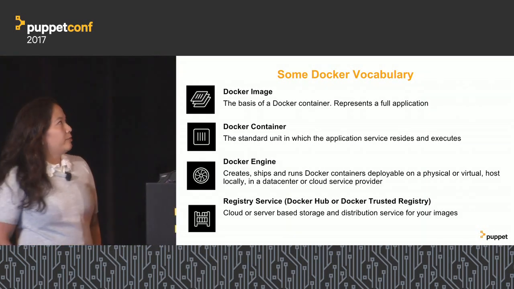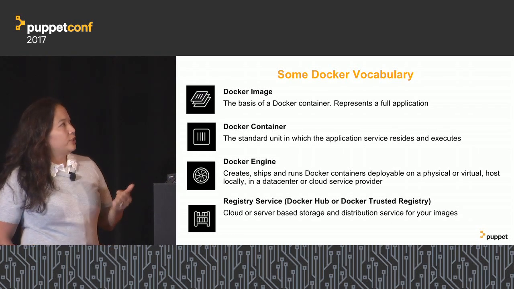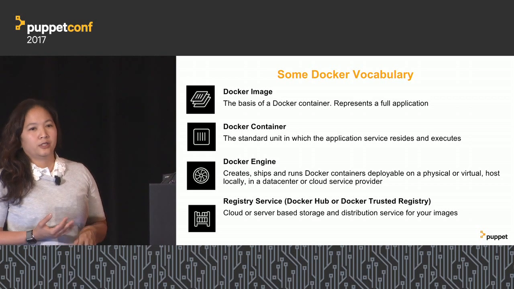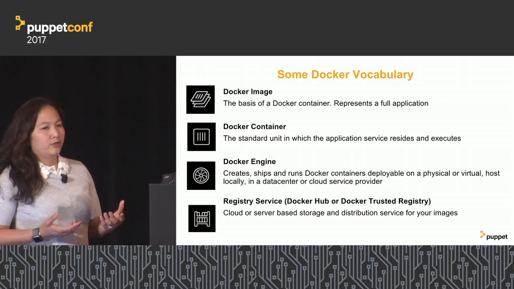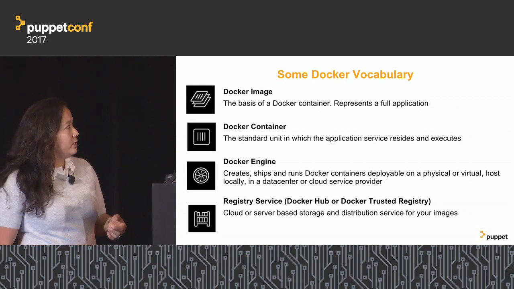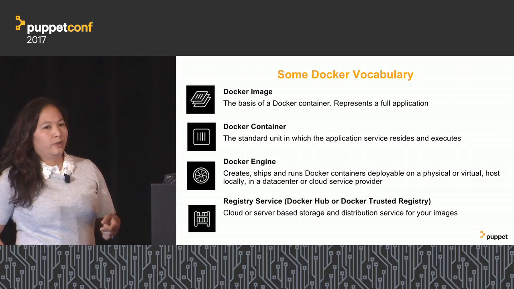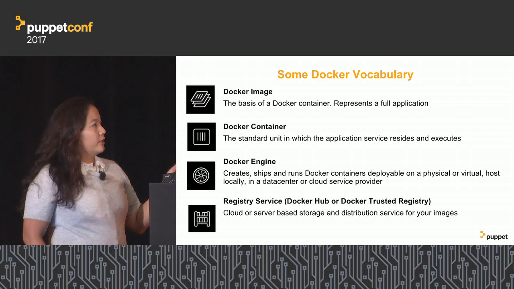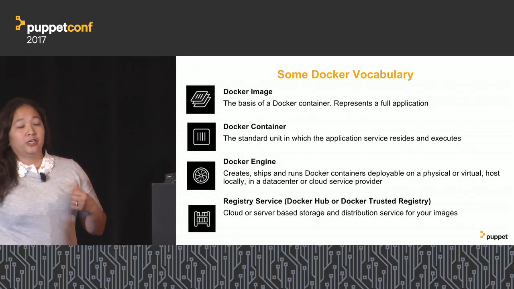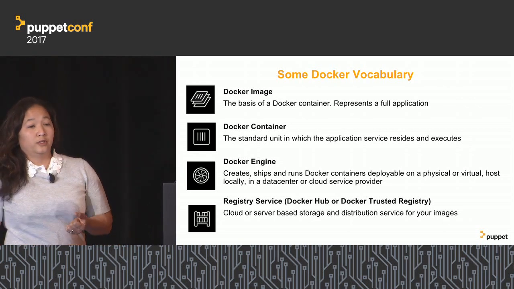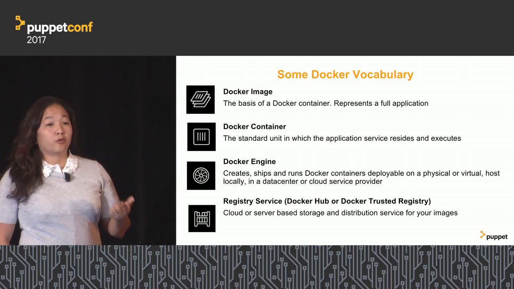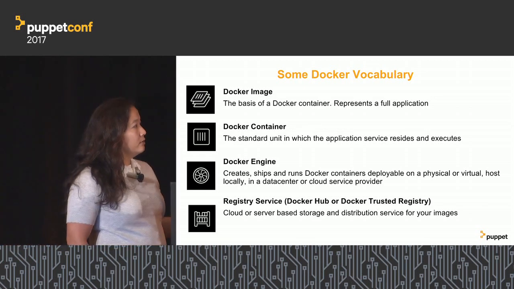So a bit of vocabulary here. Docker image is that way of encapsulating your application in libraries and how you're going to execute the application. And then a container is a way of running it, right? So it's instantiating that image. The Docker engine is what actually manages, makes sure that that image is available on that host, as well as what parameters you want to pass and maybe port forwarding for that container.